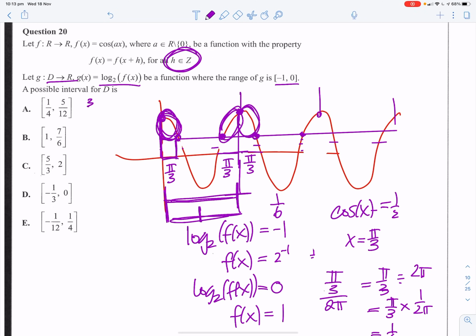So here I've got 3 on 12 and 5 on 12, which is 1/6. That there is 1/6. That's 1/3, so we know it's not that, because that would be that whole section. Could it be that whole section?